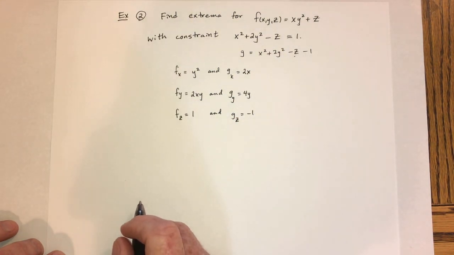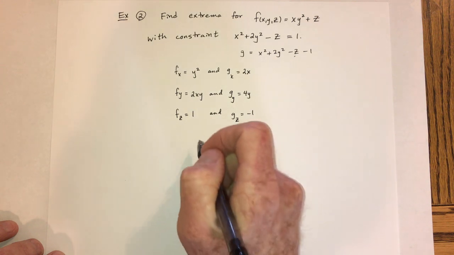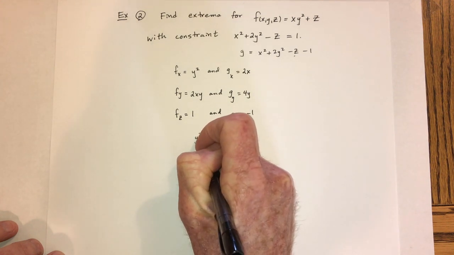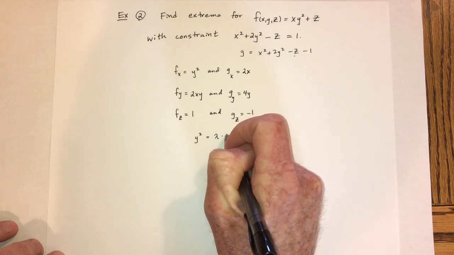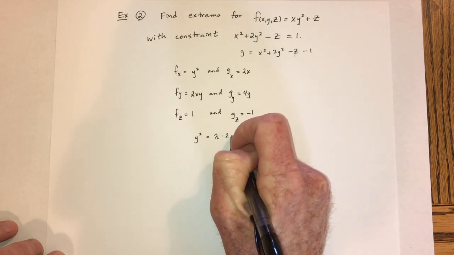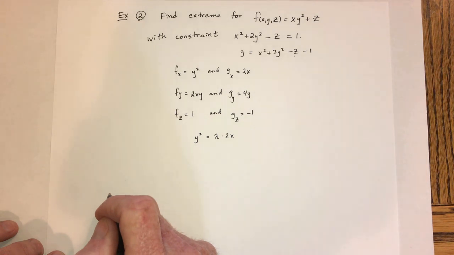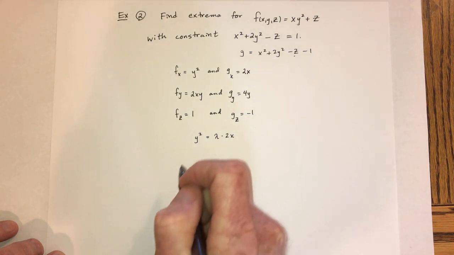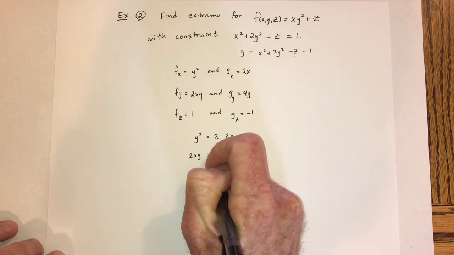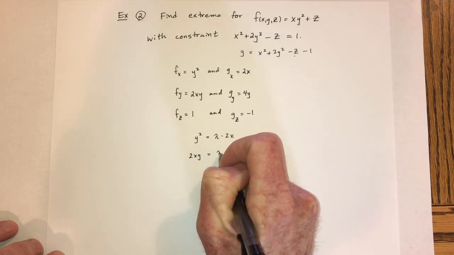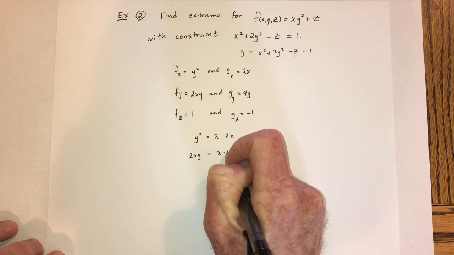Okay, so now we use the lambdas. So the first equation is going to say y squared is equal to lambda times 2x. Next, we're going to have 2xy equals the lambda times 4y.